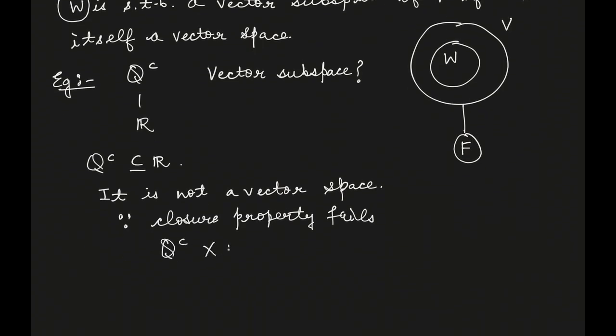Q complement times real will not go to Q complement. If I take any irrational number, 1 by 2 into some irrational, I can take an irrational number from real numbers also, then it will be 1. It is not an irrational number.